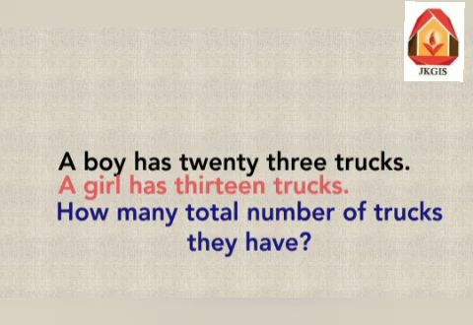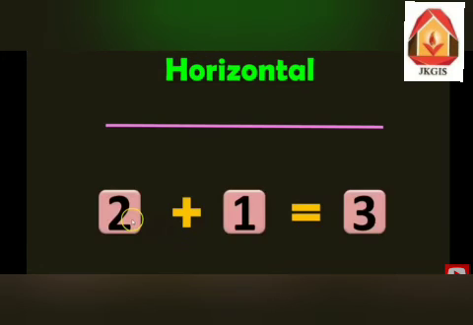But friends, do you know what is horizontal addition and what is vertical addition? Horizontal means a sleeping line. In this type of addition, the numbers are written side by side, next to each other, and added in a horizontal manner, or we can say we add numbers in a straight line.